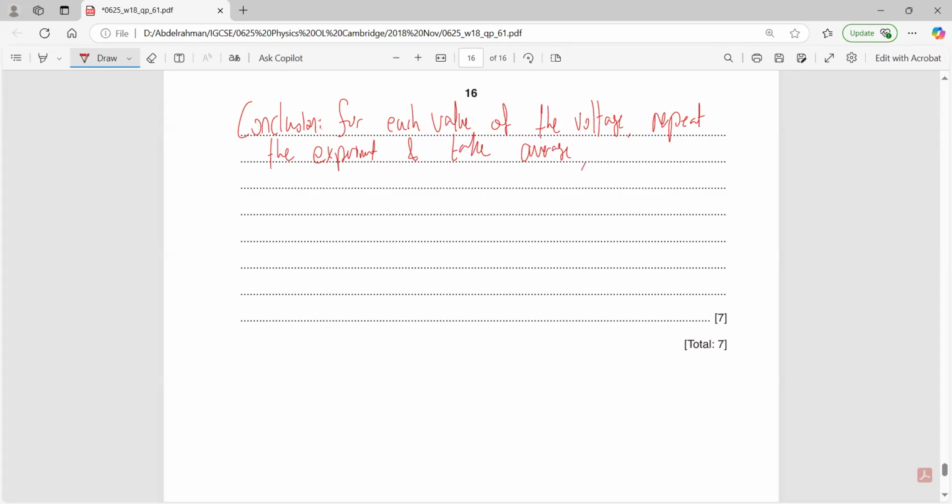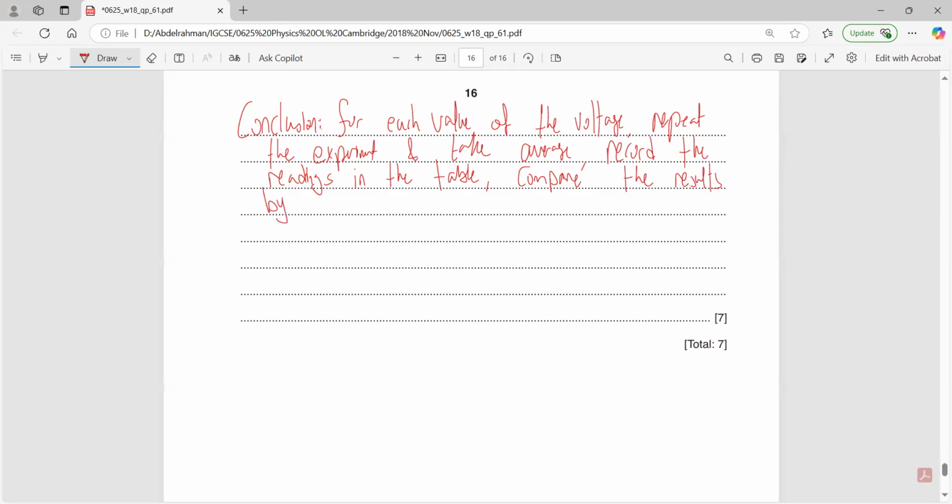And then record the readings in the table. After you're done with recording the table, you need to compare the results. How can I compare the results?